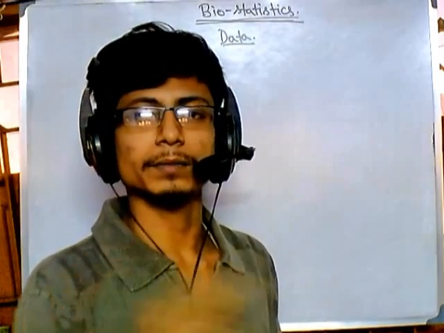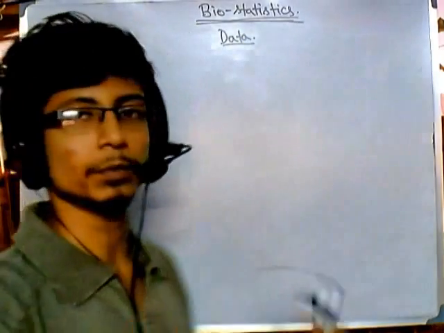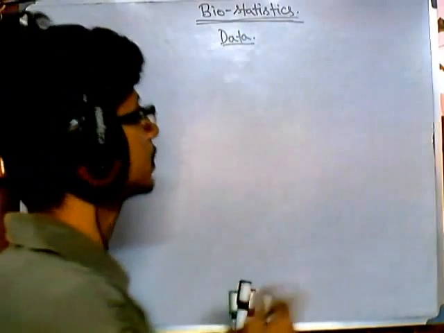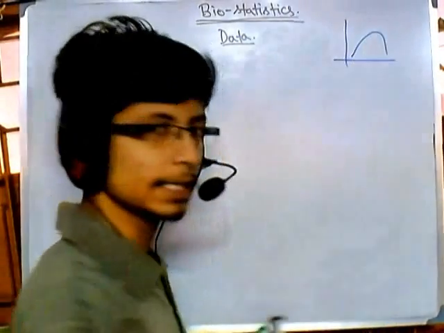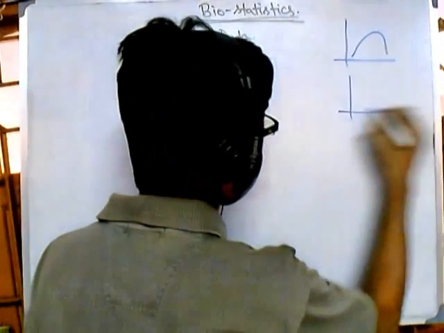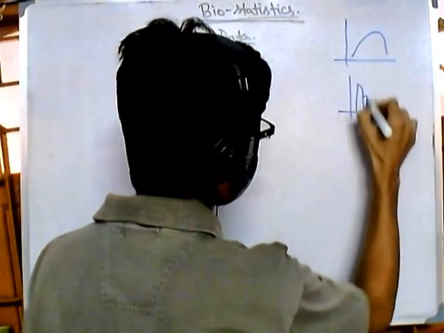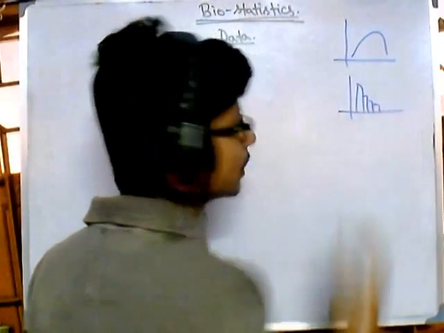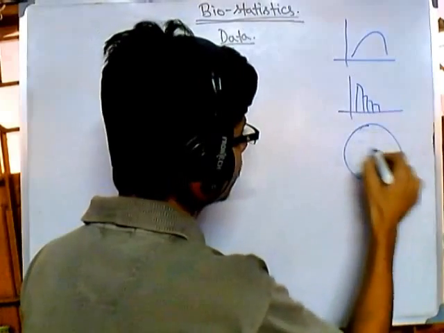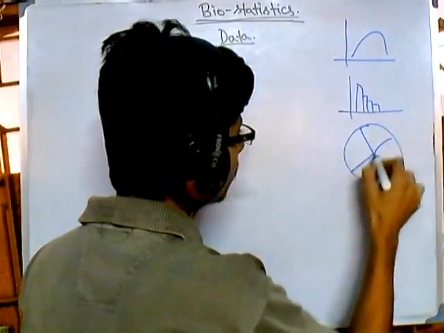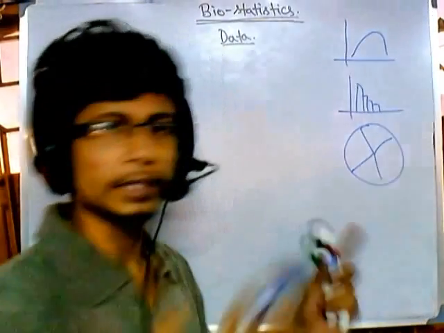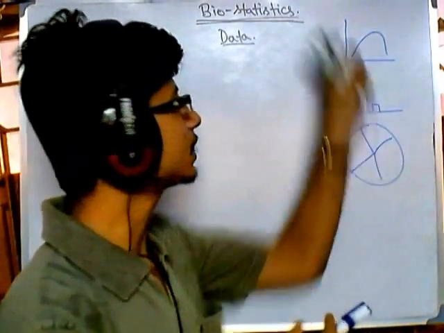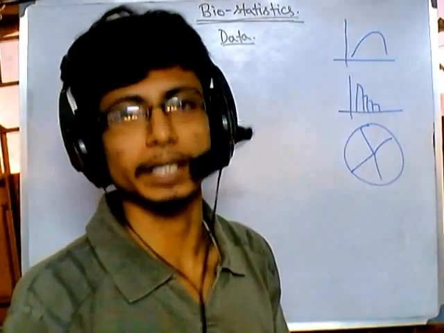Now, you have seen in your books various simple representations by means of graphs, different types of curves, and this kind of chart which we call a pie chart and so on. We have seen different types of representation of data, and all of these things are simply representations of data.